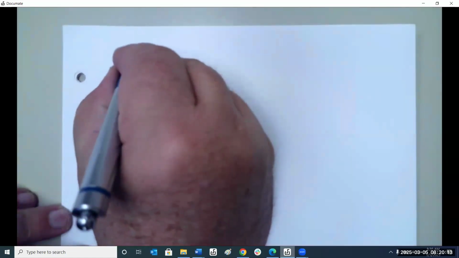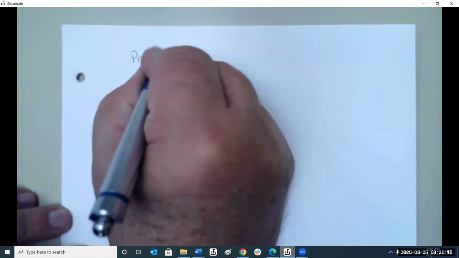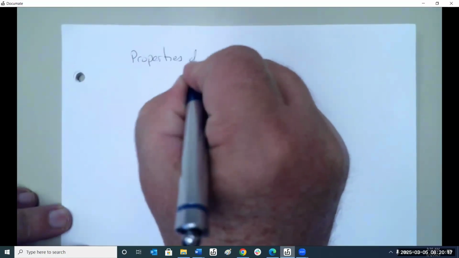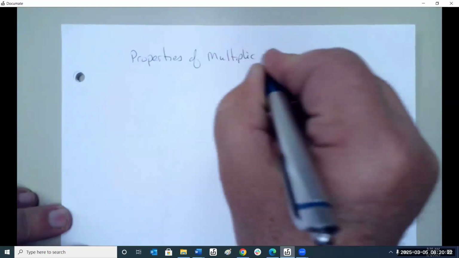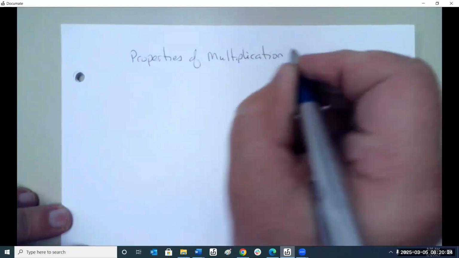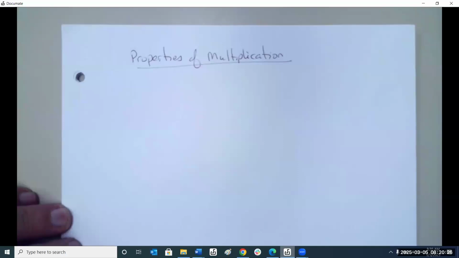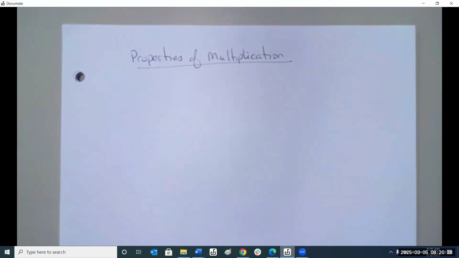Let's look at the properties of multiplication. Have we talked about properties before? Yes, very good. We talked about them for addition.